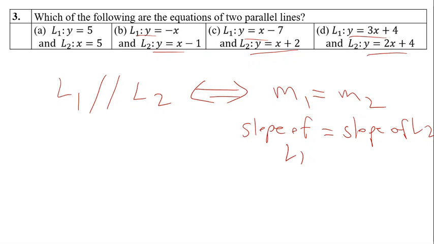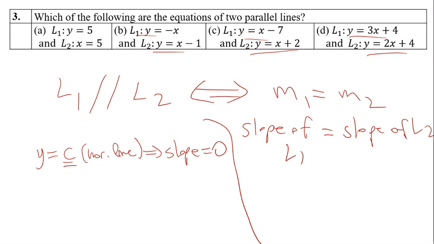Now, first, for the vertical and horizontal lines, so this is a horizontal line, the slope here is automatically 0, no matter what c is. If x equals a number, this is a vertical line, and the slope becomes undefined.